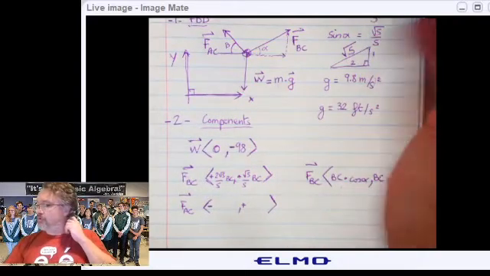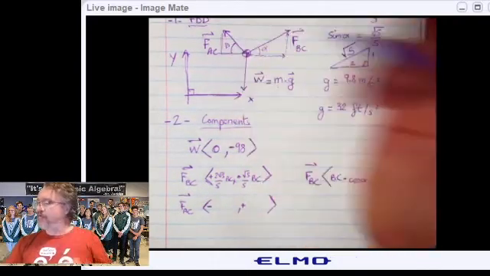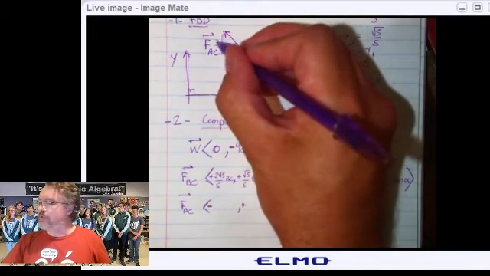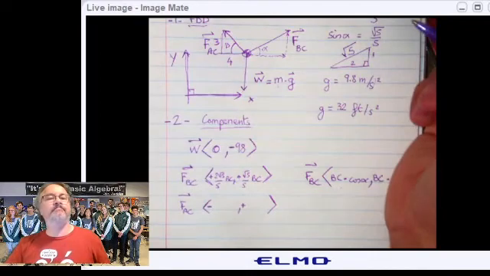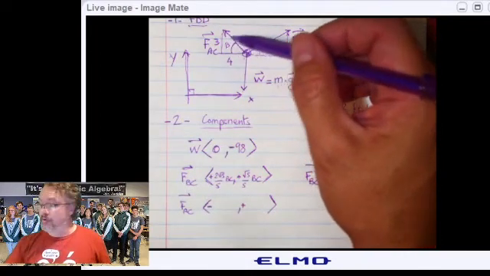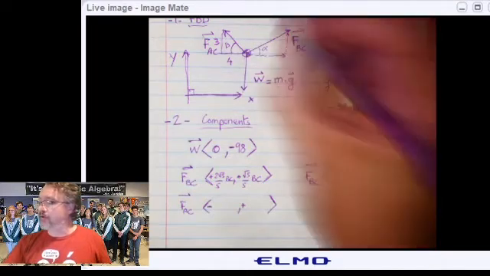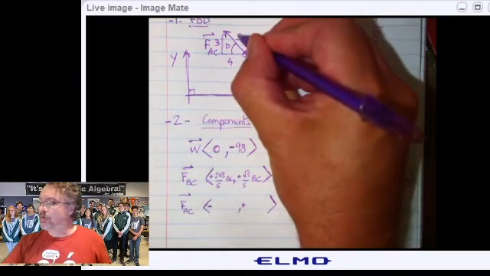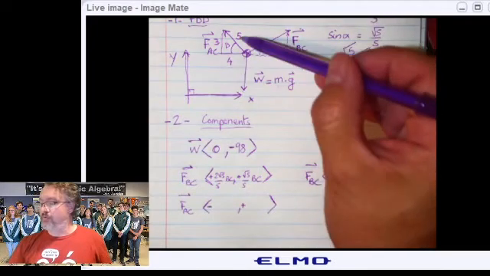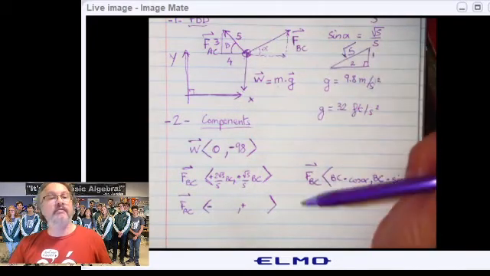Now, if you recall, we knew that this was 4 and this was 3. Therefore, if you use the Pythagorean theorem, or maybe you recognize that this is a 3, 4, 5 triangle, you see that in that case, the cosine will be 4 over 5 and the sine will be 3 over 5.